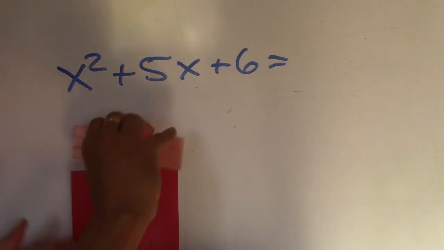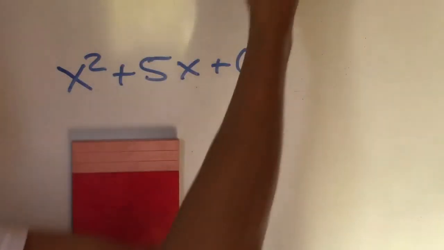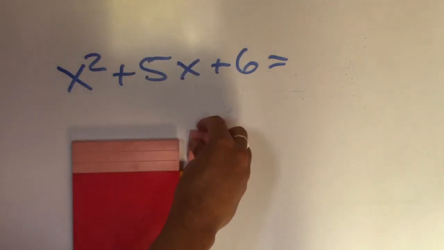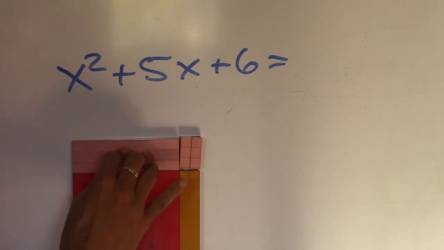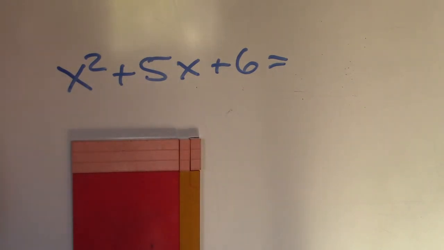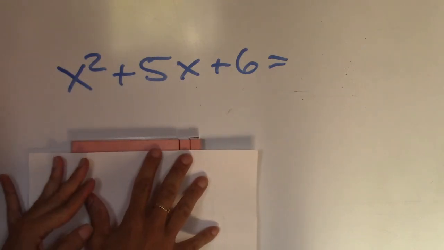So he made his like this. If you did it the other way, would it matter? In other words, if you put the 3 over here and the 2 over there, would it matter? No. Alright, tell me the factors. Across first.